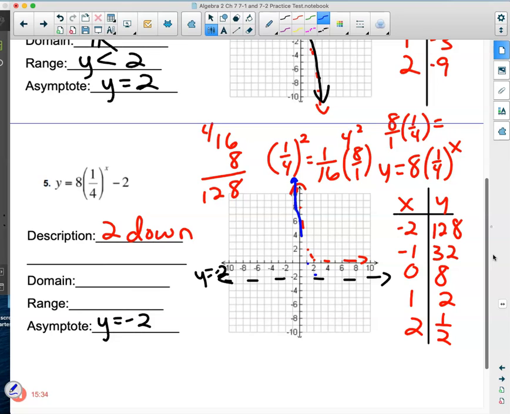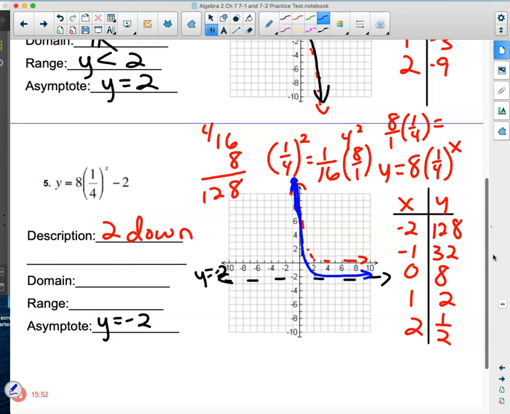Again, we know this one is really steep, so we want to make it look like it almost goes straight up and down as we're going to (-1, 32) and (-2, 128). Very, very steep because of that 8.